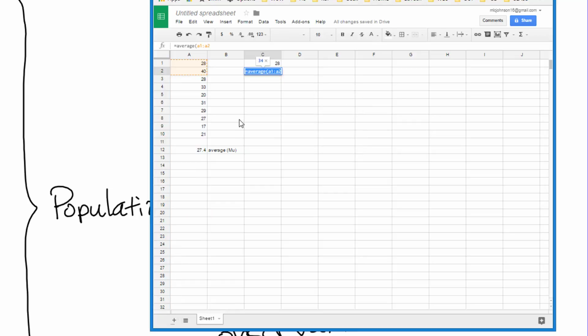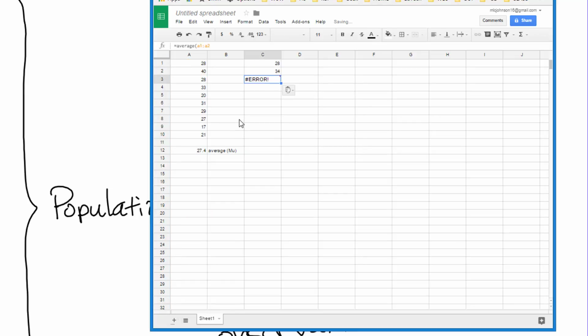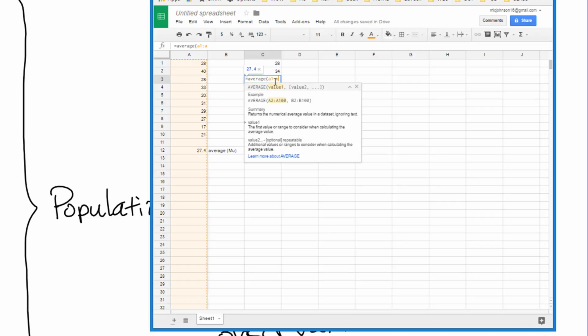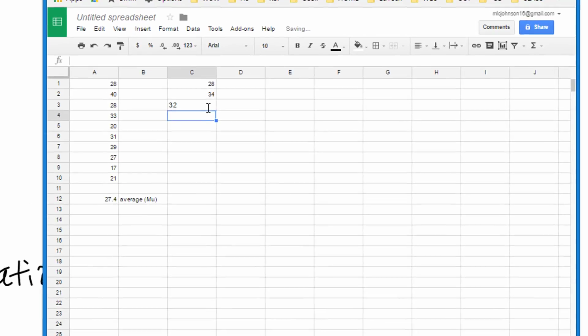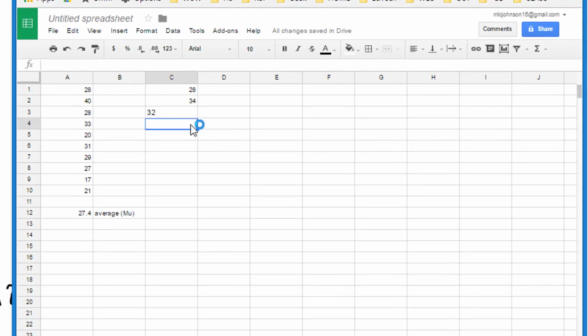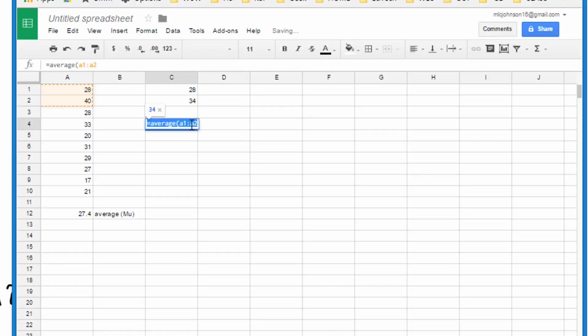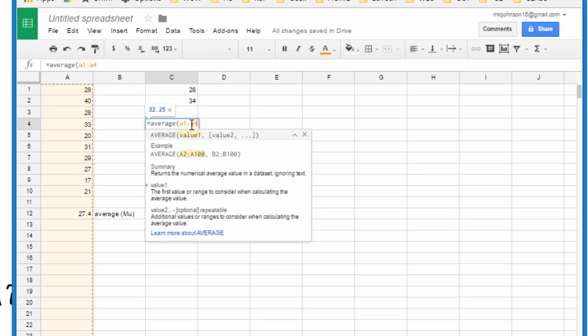I'm going to copy that because I'm going to use it over and over again. Here's the average of A1 to A3. I don't know why it's giving me an error each time.